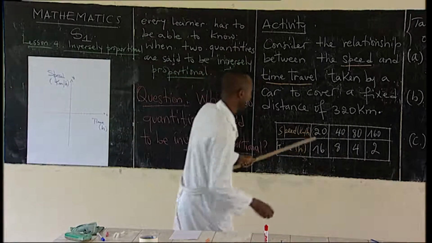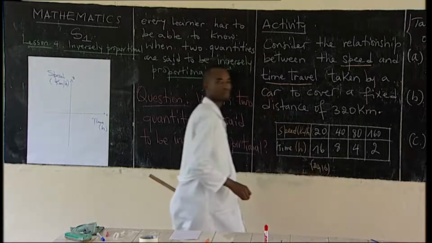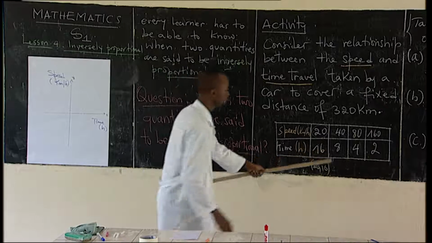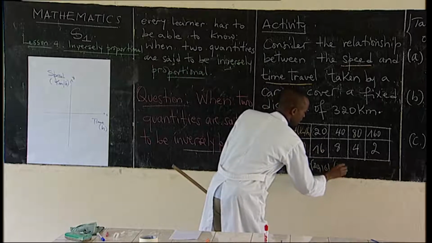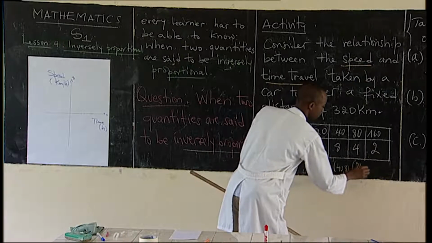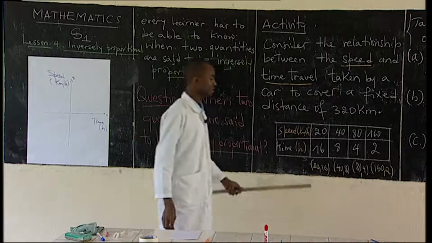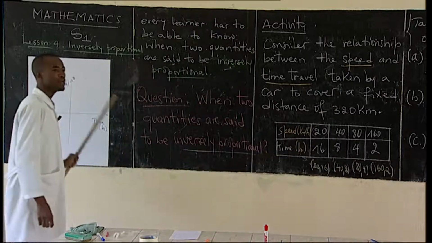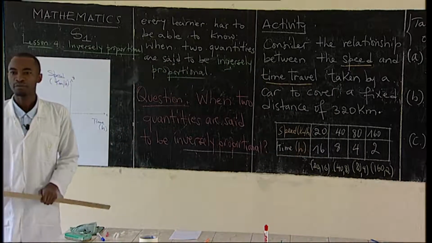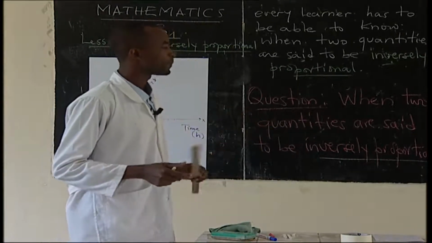Coordinate number 1 is 20 and 16. Number 2 is 40 and 8. This is 80 and 4. This is 160 and 2. These are the coordinates we are going to put here, and we see the graph of this speed and time.